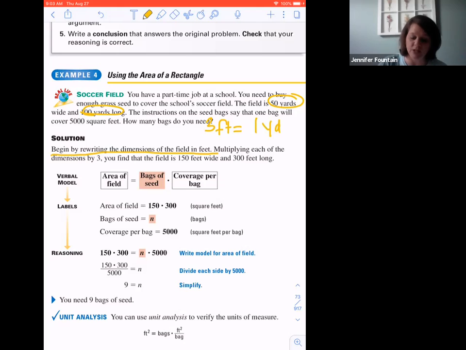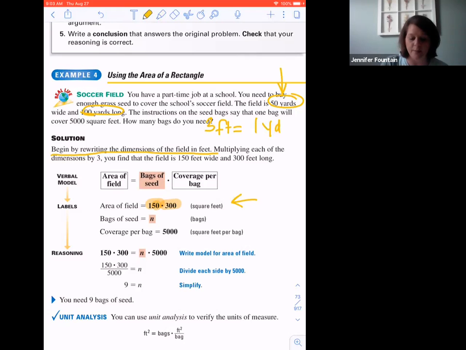So if I have 50 yards, that's going to give me 150 feet. If it's 100 yards, I am at 300 feet, okay? So now we've been able to convert the dimensions of our field, so now we're multiplying 150 by 300.